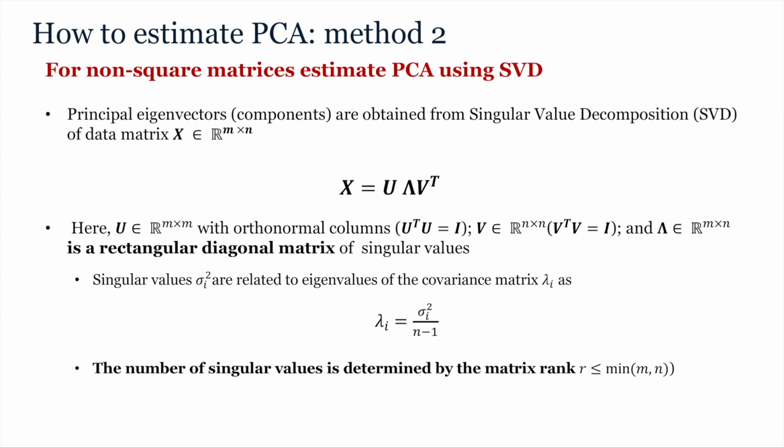However, the most important things to note are that these are related to the eigenvalues of the data covariance matrix in the following way, and that the number of singular values is determined by the matrix rank, where the rank will be equal to the minimum of the dimension, so either M or N, M in the example that we're giving here. Finally, V are the right singular vectors, which are also orthogonal, and U and V have unit size, so they don't need to be normalized.